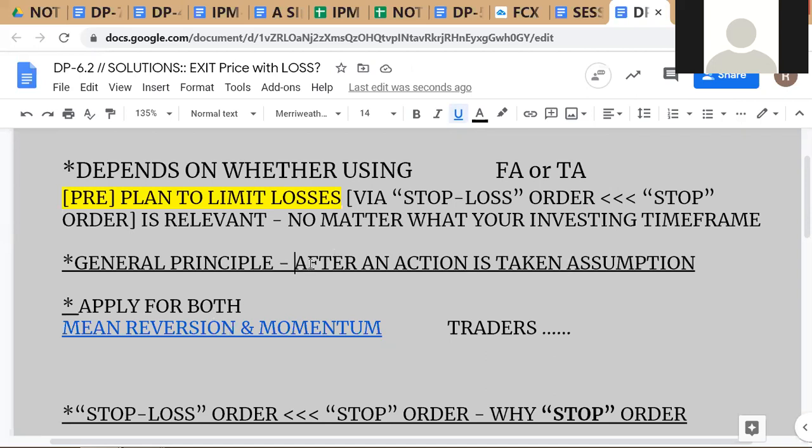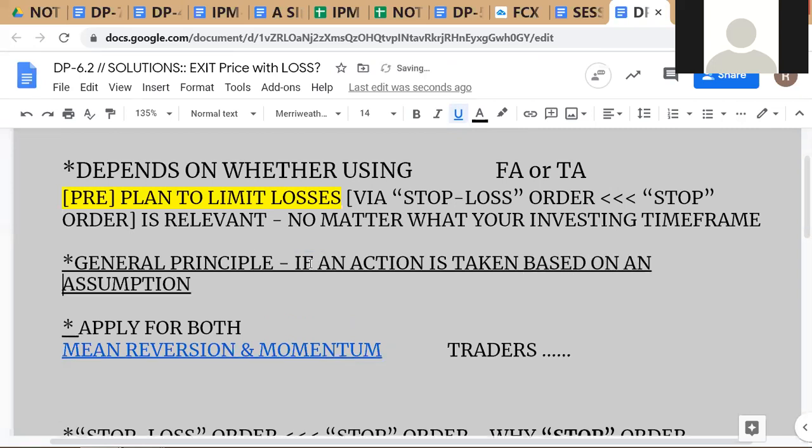If an action is taken, the action is only taken based on certain assumptions. We'll just take one assumption at this point.